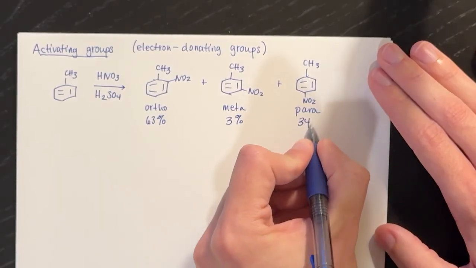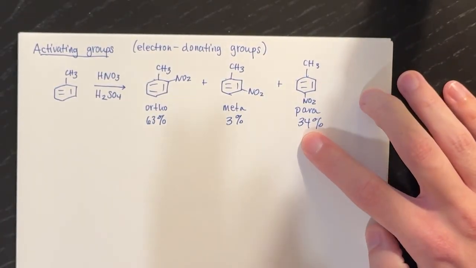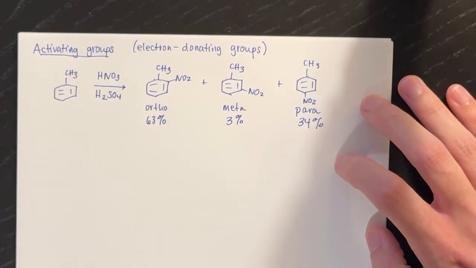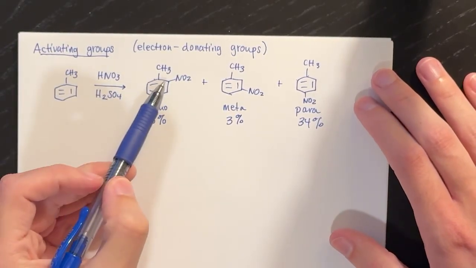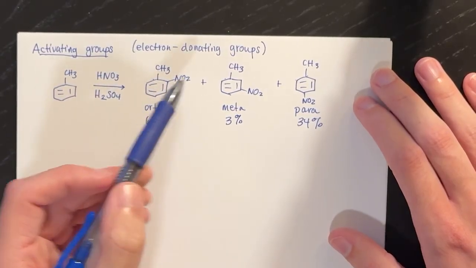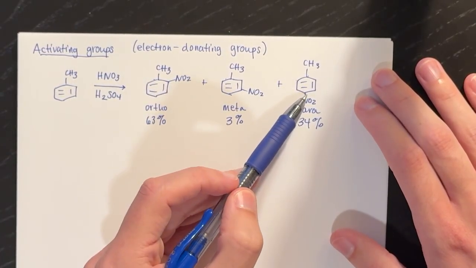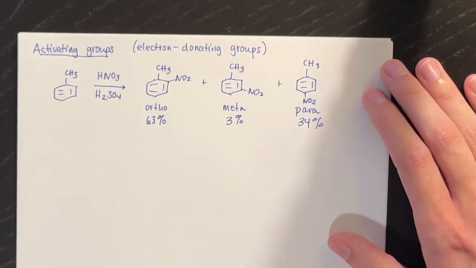And para 34%. Suspiciously looks like roughly half of 63. And that's not a coincidence. So there's two different ortho positions, here and here. And there's just one para position there across the ring from the methyl group.